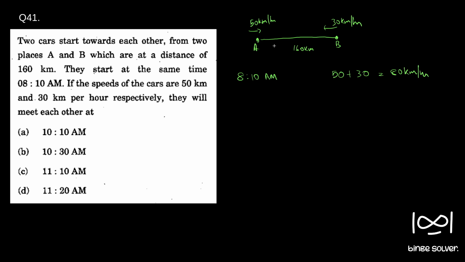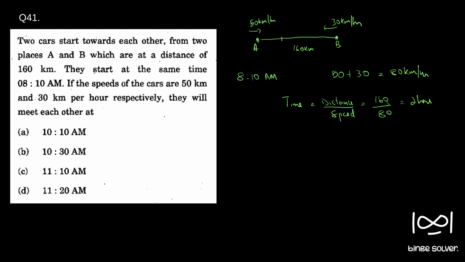And B has to travel 160 kilometers to reach A. So time is distance by speed, where speed is relative speed and distance is relative distance. So 160 by 80, which is 2 hours.